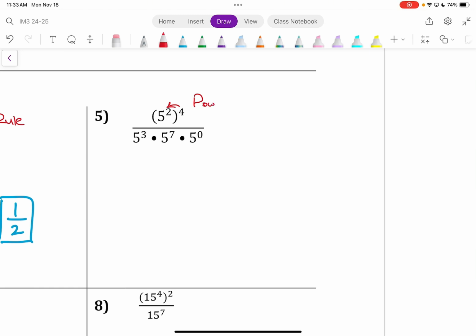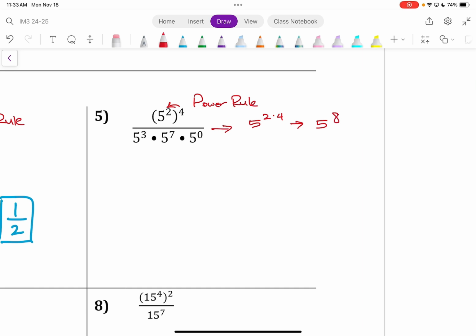So this is power rule. Okay? Power rule tells you what? The power rule tells you that if you have a power raised to another power, you multiply the exponents together. So let me go ahead and clean this up for you. 5 squared raised to the 4th is going to be 5 to the 2 times 4 power, which is equal to 5 to the 8th. So we have 5 to the 8th on top.